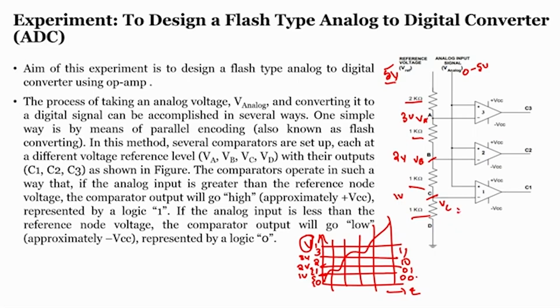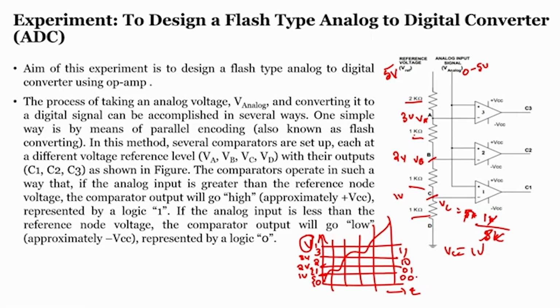VC is nothing but the reference voltage into the resistance, that is 1 kilo, divided by the sum of resistances: 2 plus 1, 3, 4 and 5. The 5k cancels, so VC is nothing but 1 volt. If you apply the reference of 5 volts, the VC voltage will be 1 volt.